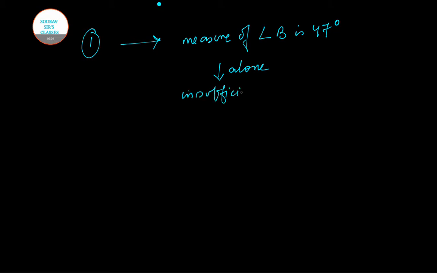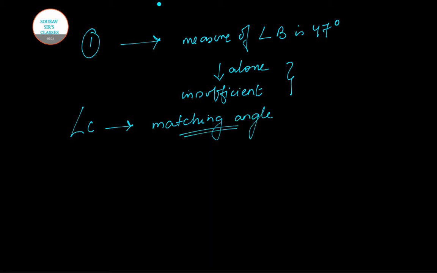You must be wondering, how can I straight away say this? Let me give you the reason. Angle C could be the matching angle. Why am I calling it the matching angle? Because remember, in the question it is given to be an isosceles triangle.